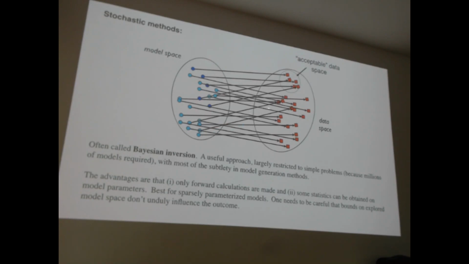It gives you some measure of uncertainty. You get a whole bunch of models which all fit the data, and you can look at how those models distribute in space statistically. But in practice, you have to create millions of forward calculations to do this, and so it really only works for simple 1D and maybe simple 2D problems.